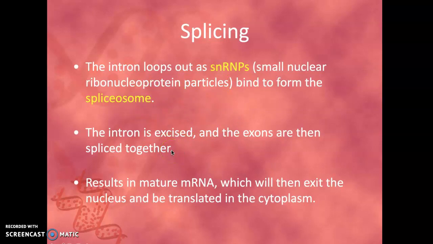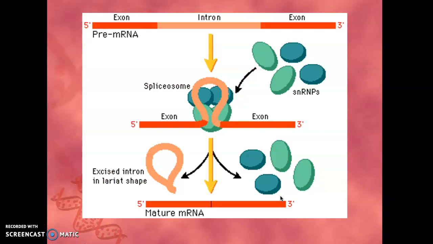The intron is then excised, which means it's removed, and then the exons are spliced together using ligase. Ligase bonds those exons together. This results in a mature mRNA, which will then be able to leave the nucleus and be translated in the cytoplasm.